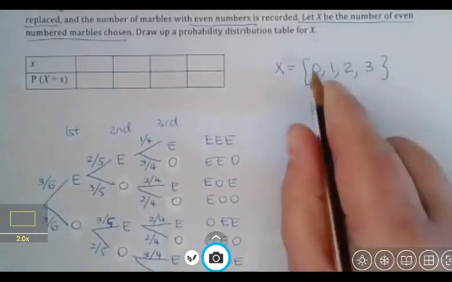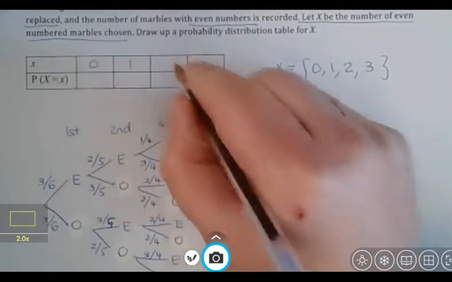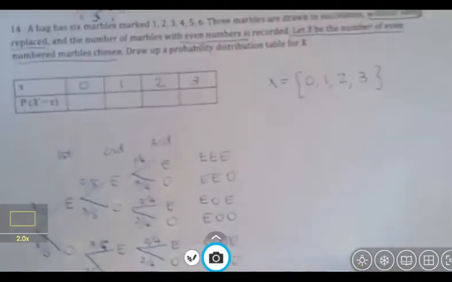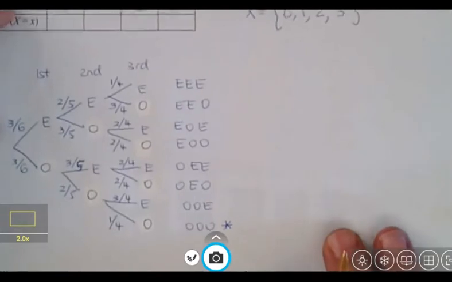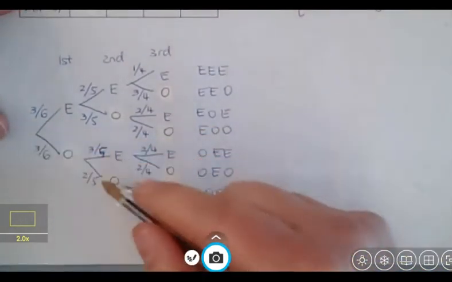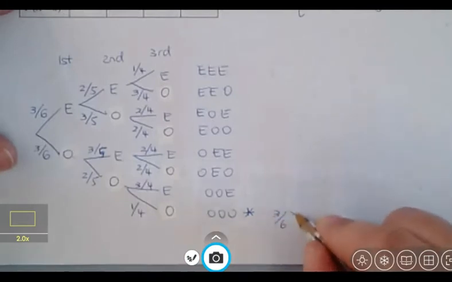So we've actually got 4 different outcomes that could occur: 0 even, 1 even, 2 even, or 3 even. So 0 even is all odd. Just looking down here, 0 even is all odd, and it would be this last one, 3/6 times 2/5 times 1/4.